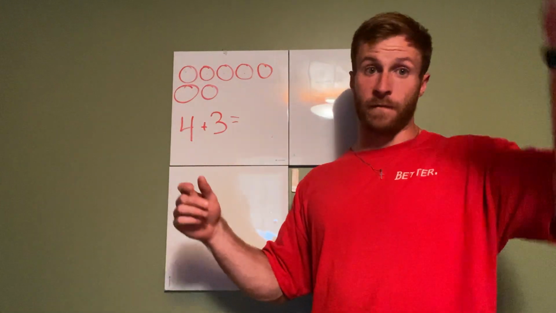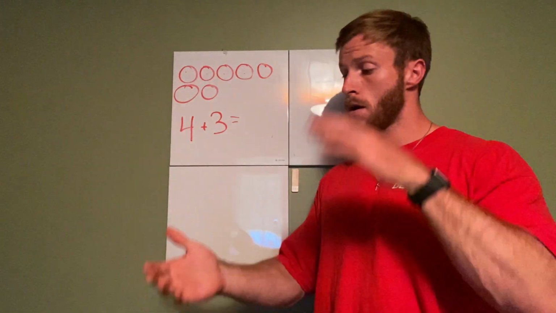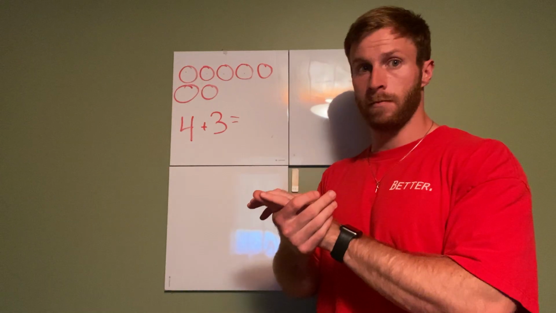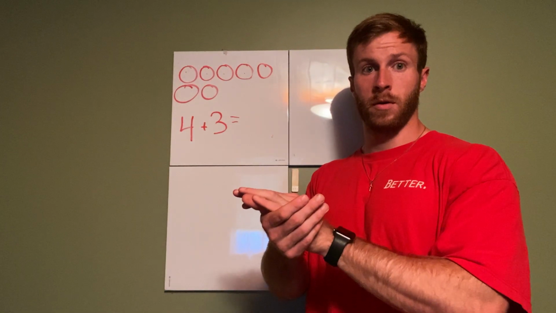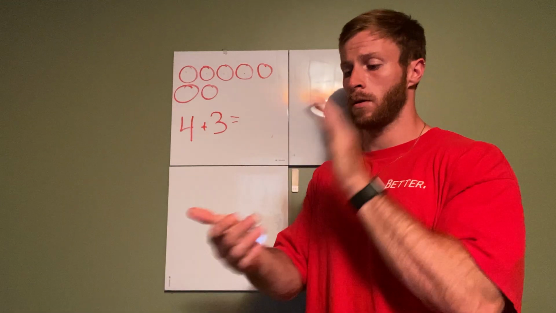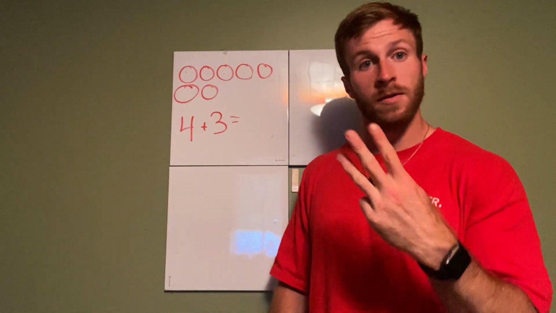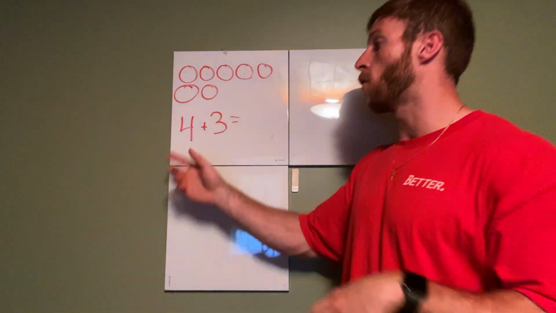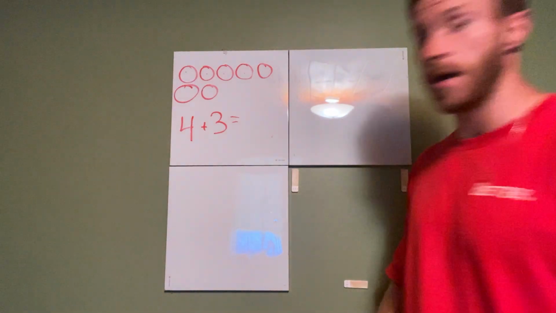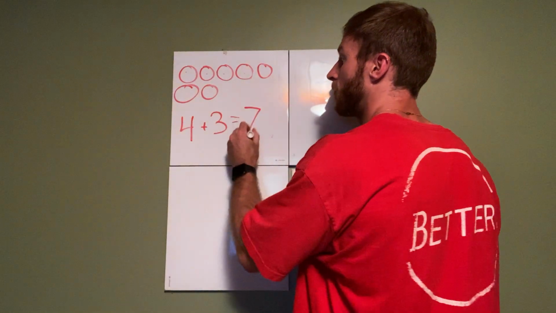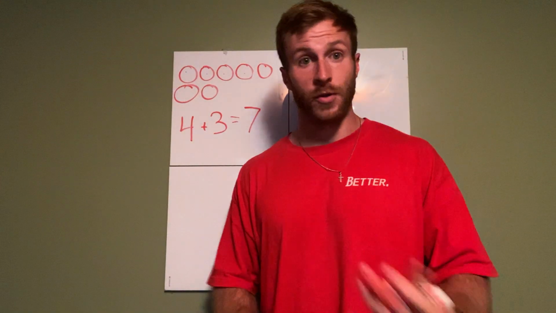You're going to put 4 in your head. Go 4, 5, 6, 7. Do those 3 claps. Are you ready? One more time. Ready? That's those 3 claps that you're going to be doing. So 4, 5, 6, 7. And you write the number that you ended on, which was 7. And that's what you guys are going to be doing today.